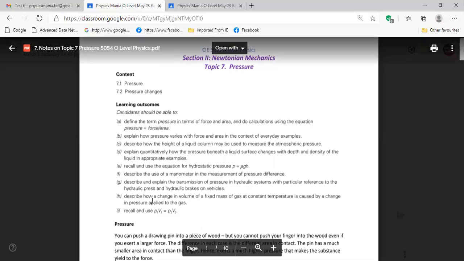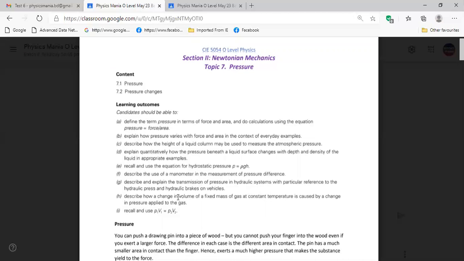Then here we have: describe how a change in volume of a fixed mass of gas affects its pressure. This one is H and I. These two are related to gas pressure, and how gas pressure is related to volume.